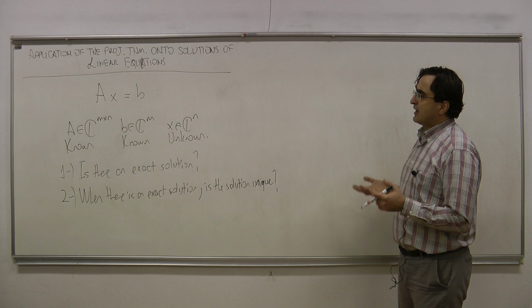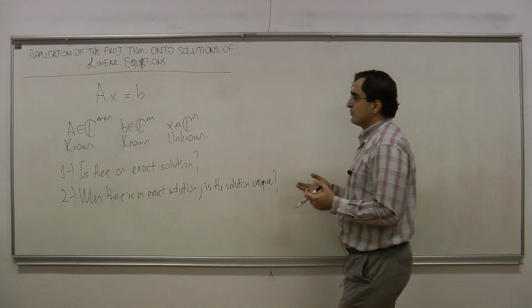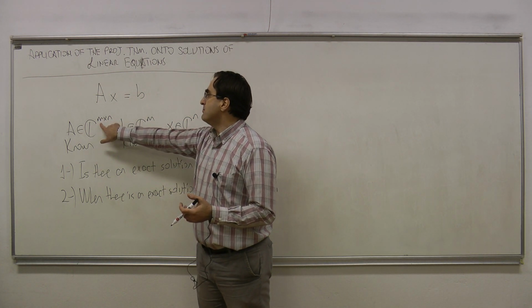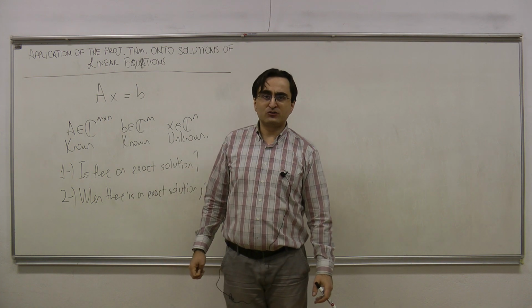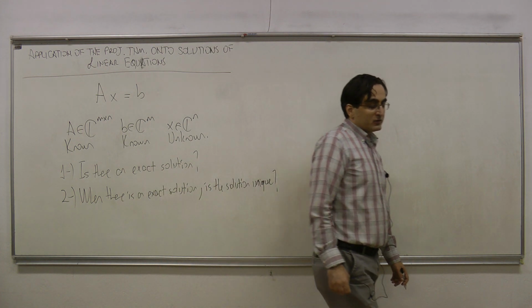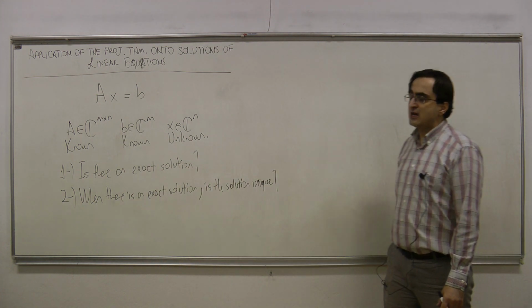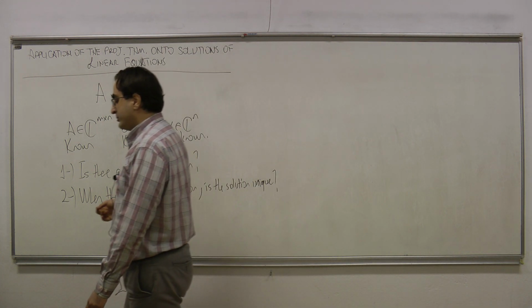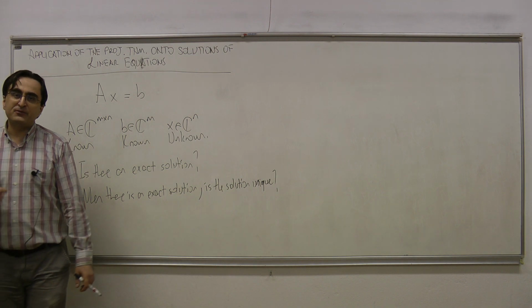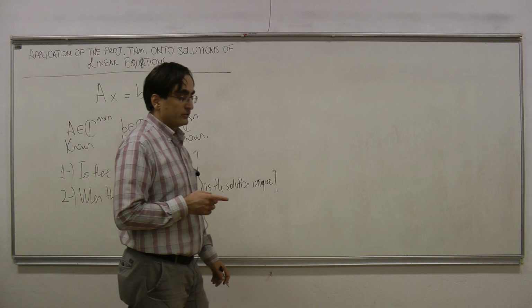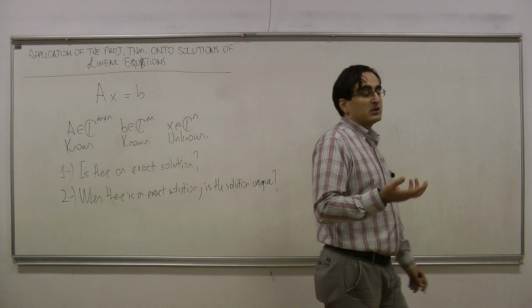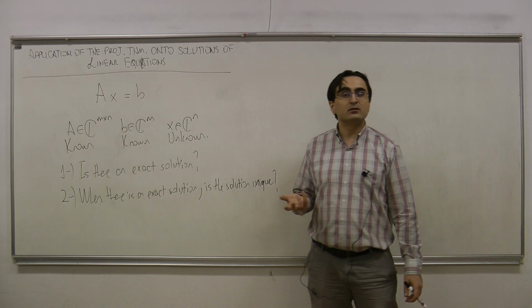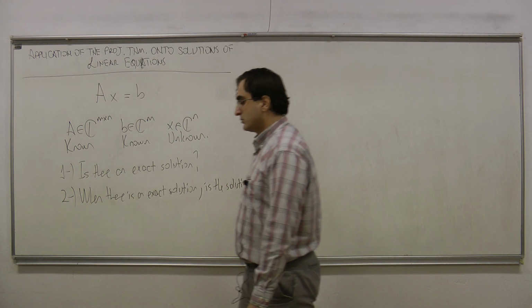The first thing that we have to make sure of here is that M is not equal to N in general. This means that A really does not have to be a square matrix. Invertibility is only defined for a square matrix, so you cannot talk about the invertibility of a rectangular matrix when M is not equal to N.